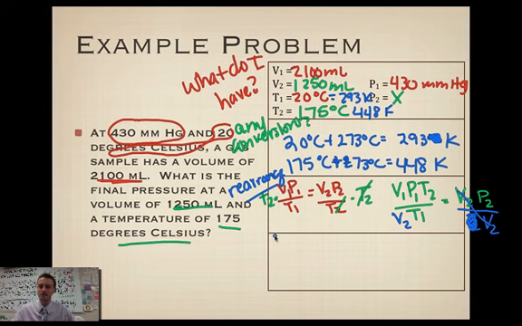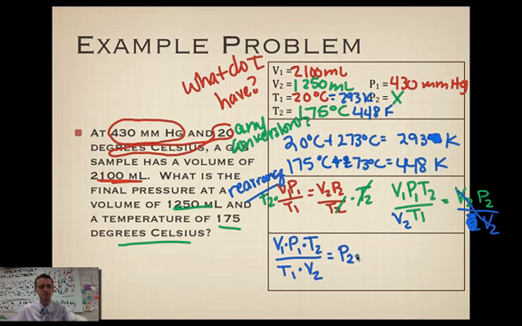So what I'm left with is V1 times P1 times T2 divided by T1 times V2 equals P2. What you see is that I pretty much just multiplied by the reciprocal, so I put T2 on top and V2 on bottom. If the word reciprocal doesn't make sense to you, just ignore me.